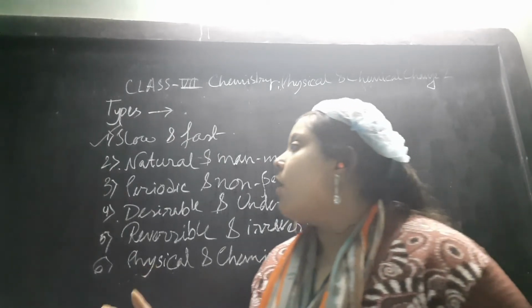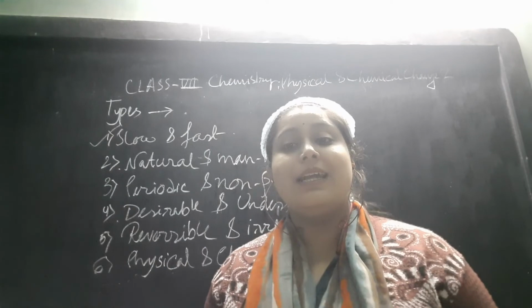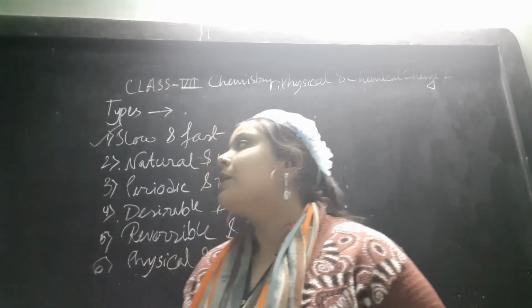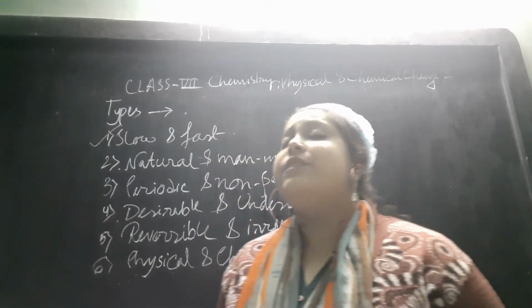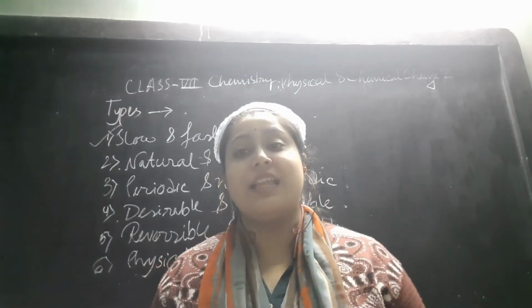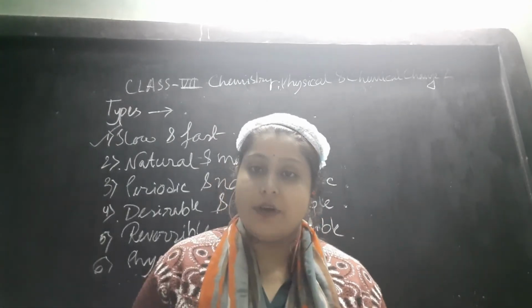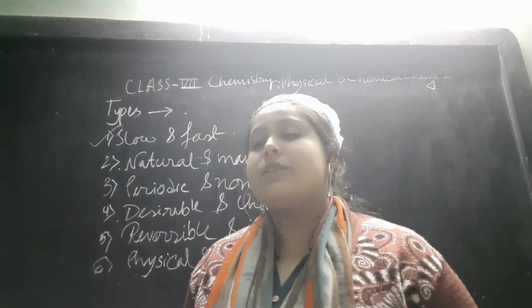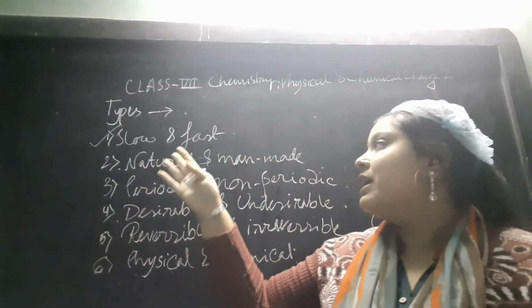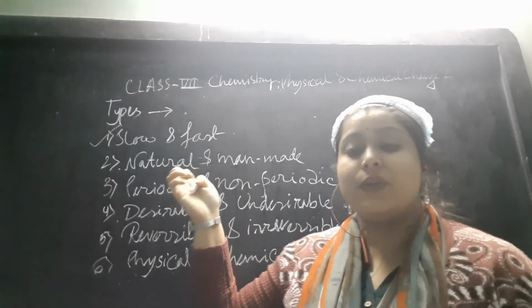So these are all interrelated changes, but still we have to classify them, which are the slow ones and which are the fast ones. In that way only we can understand and write down the examples for slow changes and fast changes.